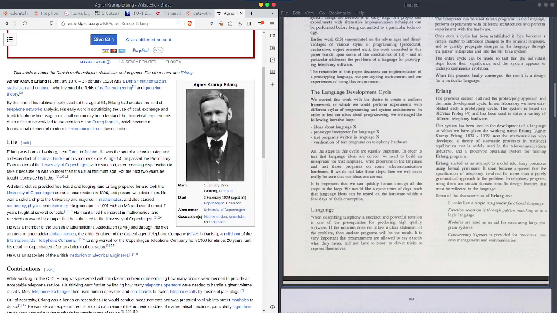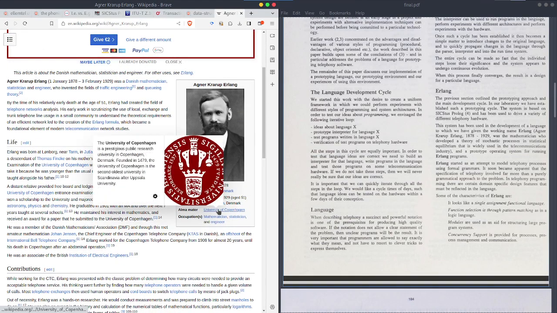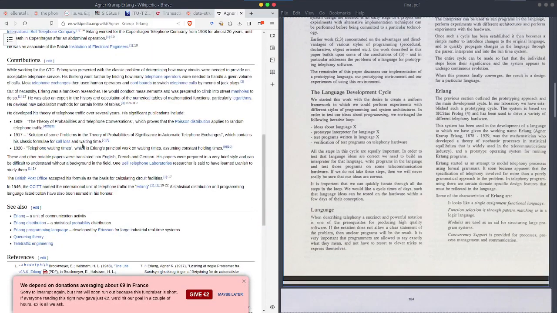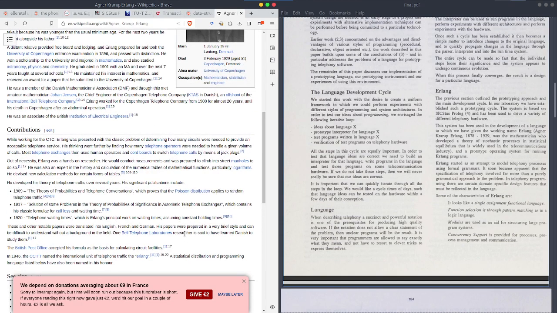So this is the name of Erlang. This is why Erlang is called Erlang. And it fits totally with the language: statistical probability distribution, unit of communication. It's great.